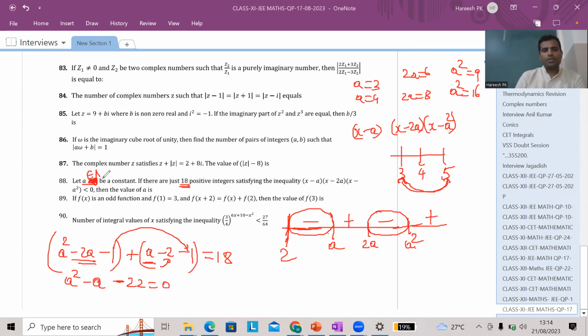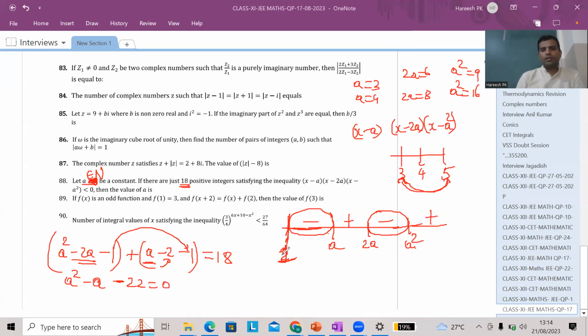If they say a is a natural number, then we can even take 1. Now they're saying a is greater than 2, but if a is greater than 2, I don't think we'll get any answer.